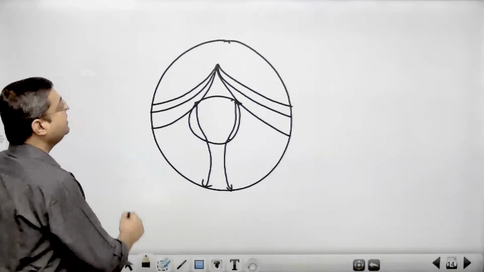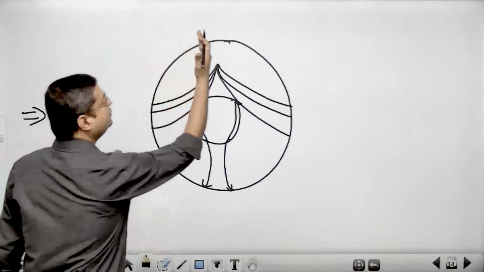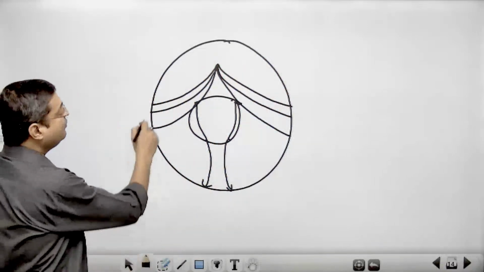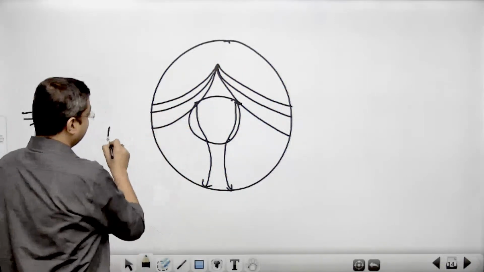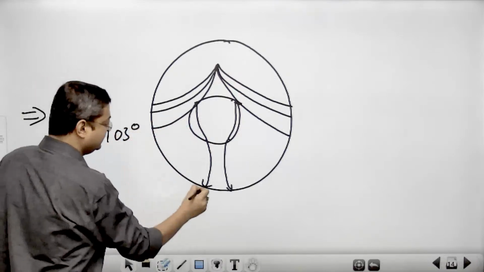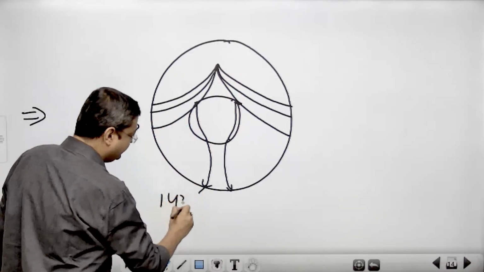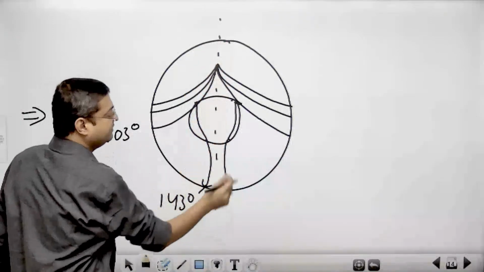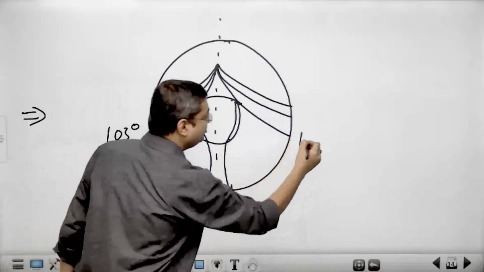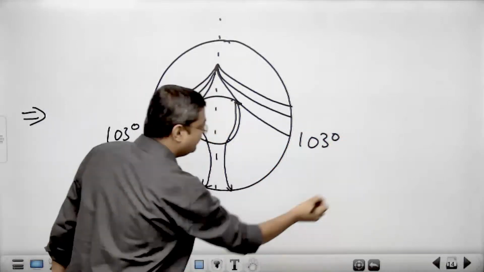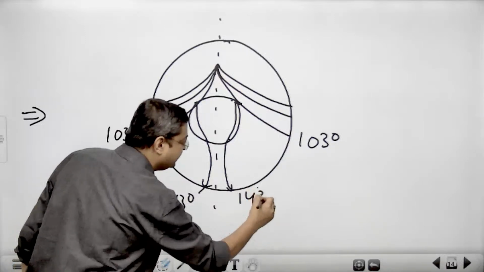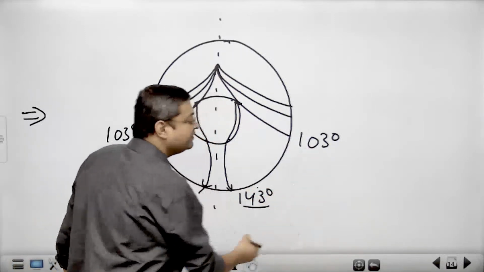If I divide Earth into 2 hemispheres and count the degrees, then from 103 degrees to 143 degrees, in both hemispheres, these waves were not detected.